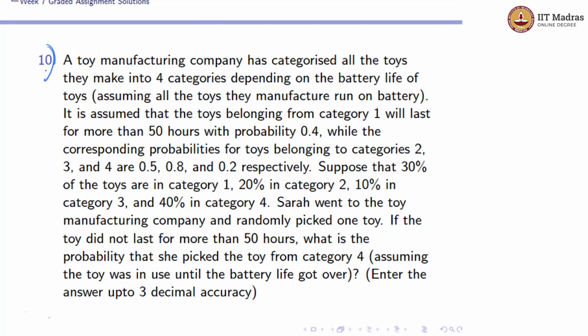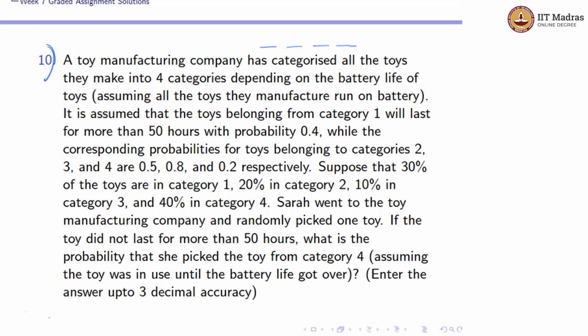Question number 10. A toy manufacturing company has categorized all the toys they make into 4 categories depending on the battery life of toys. So we have 4 different categories, 1, 2, 3 and 4.